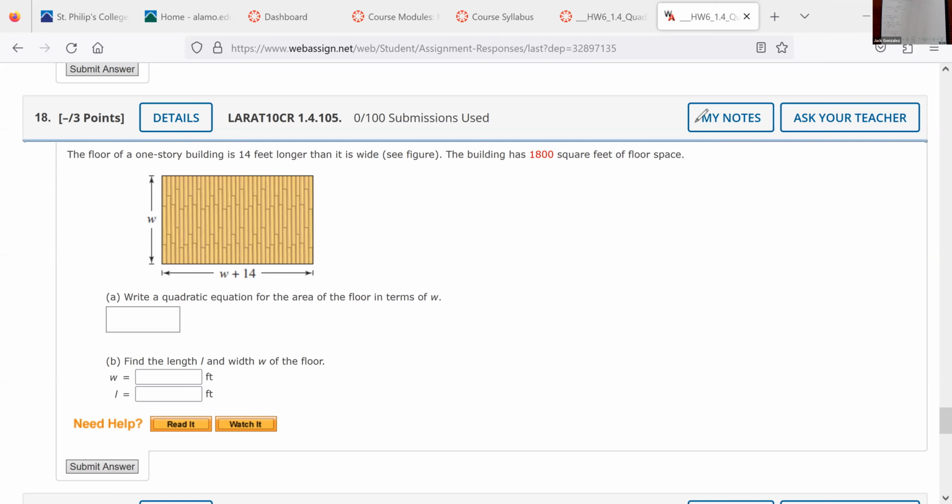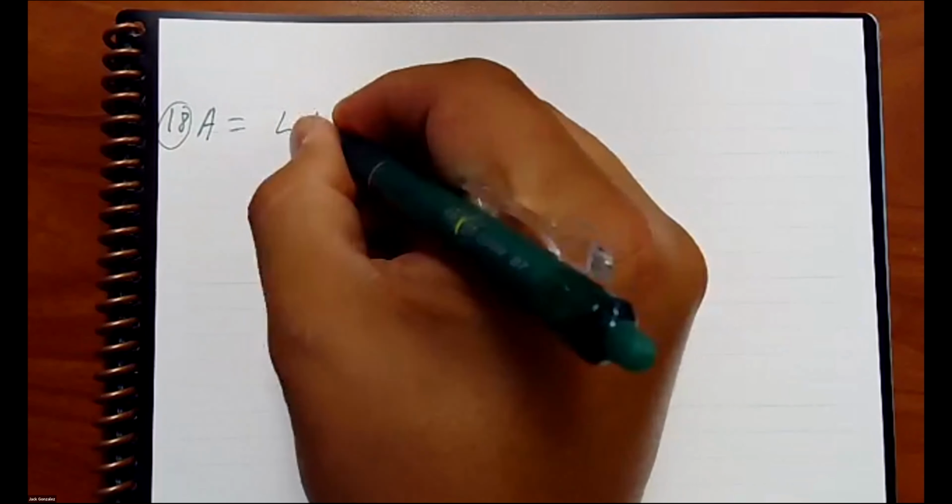Okay. Yeah, let's do it. Number 18. All right, so I'm going to close this. I'm hoping you have that open, that way you don't have to worry about it. So area for a rectangle is equal to length times width.